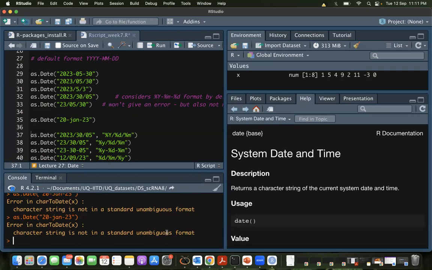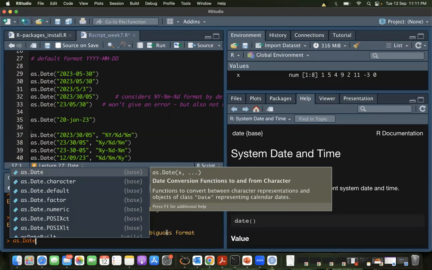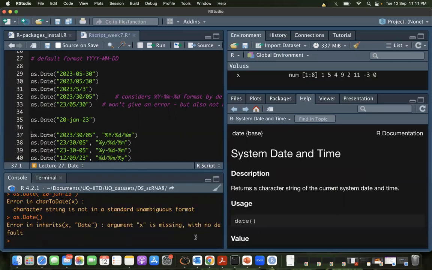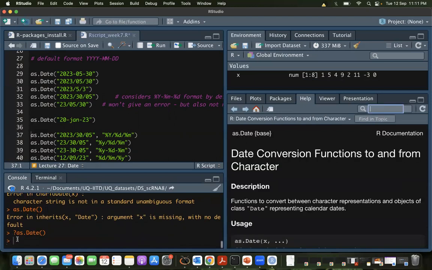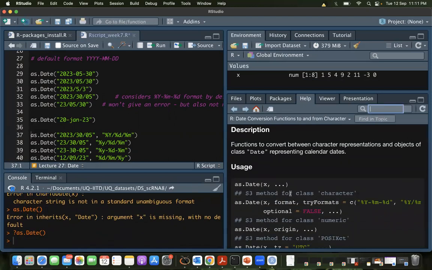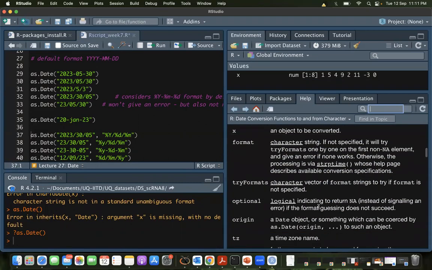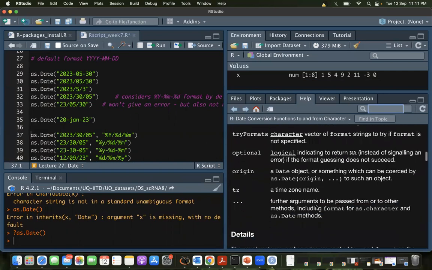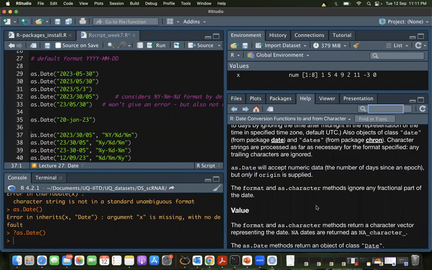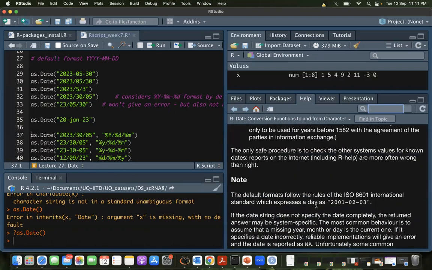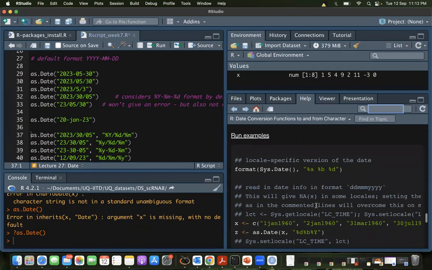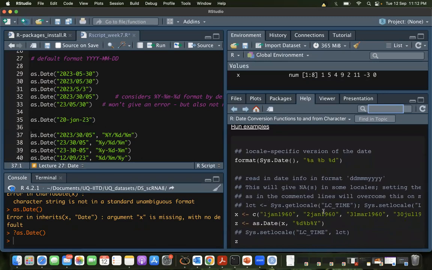Okay, wait. As.date. Format, try format.